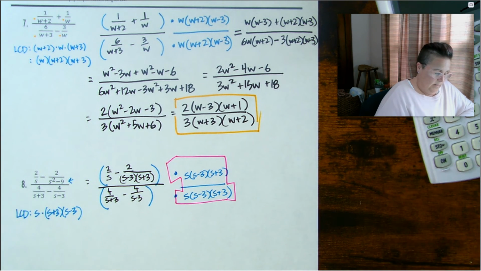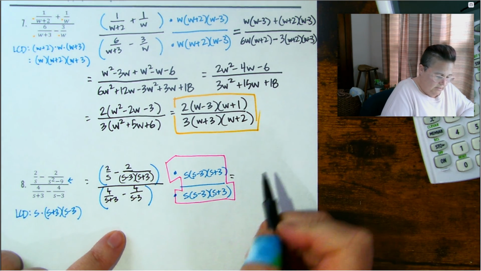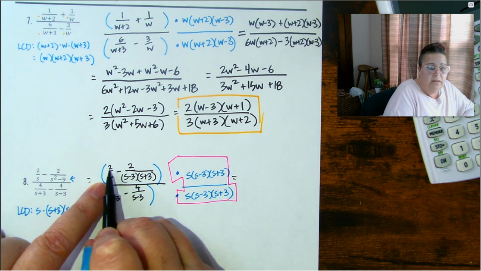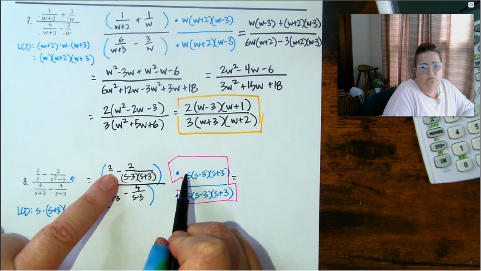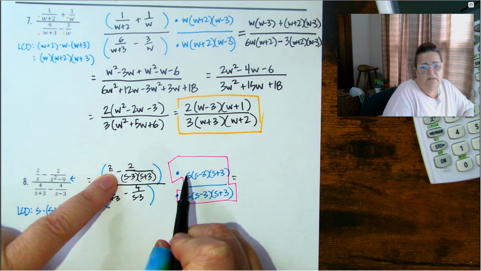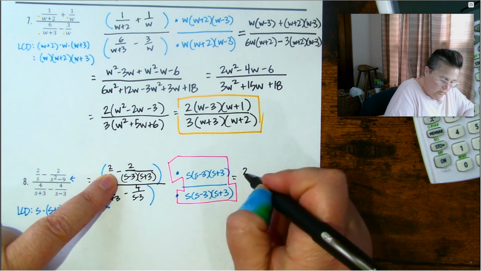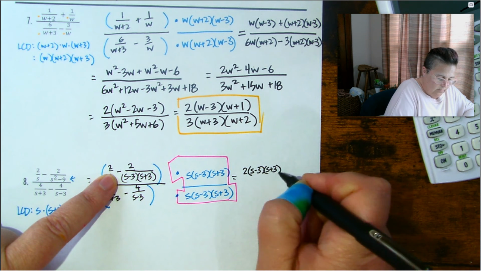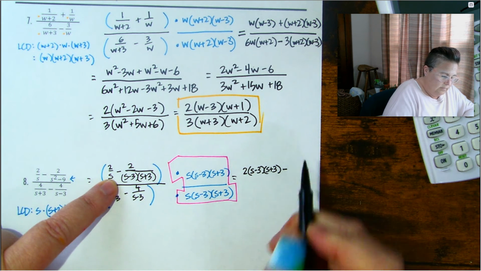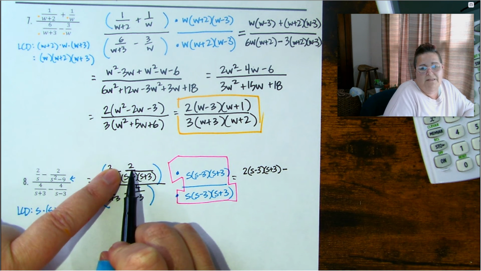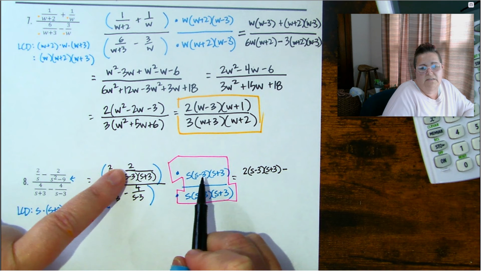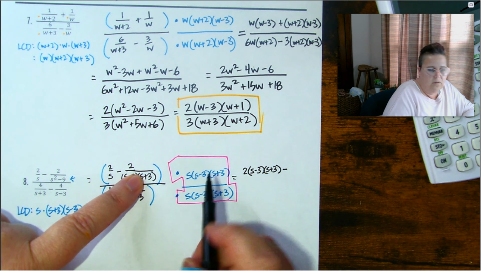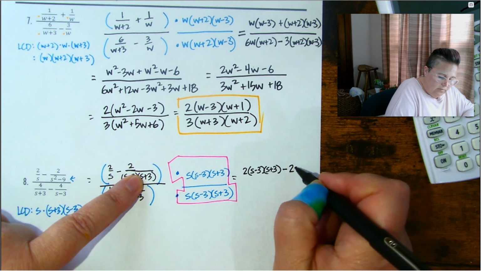All right. Let's take a look and see how we do. If I multiply all of this by the 2 over s, the s's will cancel. And I'll be left with 2 s minus 3, s plus 3, minus. If I multiply the second term by all of this, it is the s minus 3 and the s plus 3 that will cancel, leaving me a 2s.